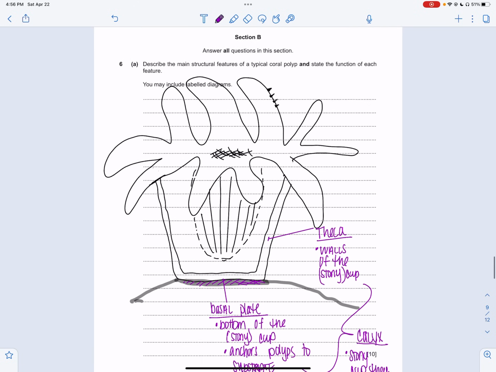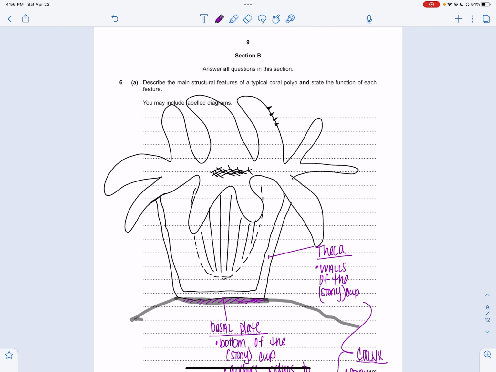Moving up. That's the stony cup that they sit in. Keep moving up. All right, these are tentacles. And this is to capture prey with nematocysts.